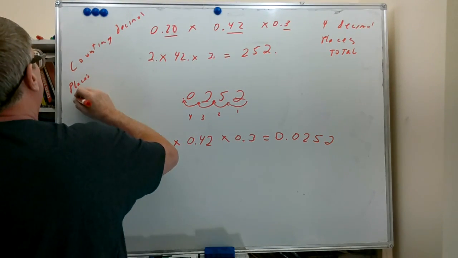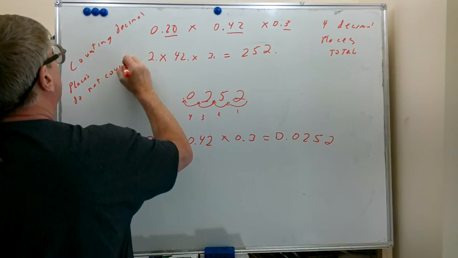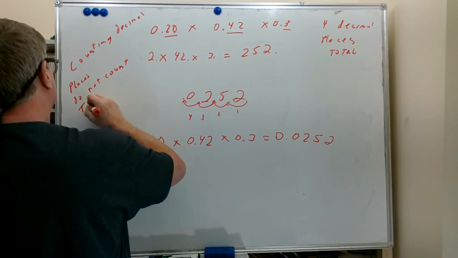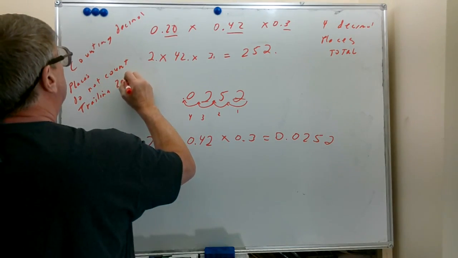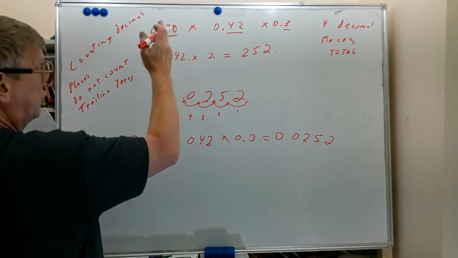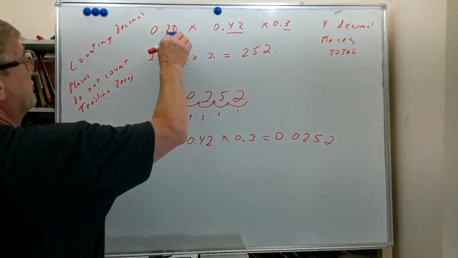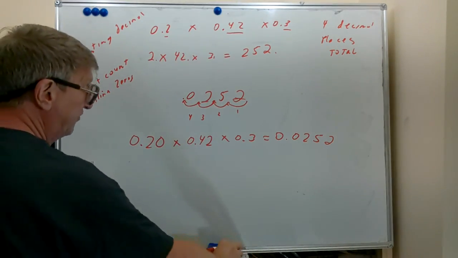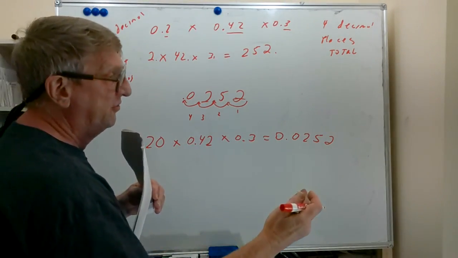Do not count trailing zeros. And that's why I erased this one, so we wouldn't mess up and accidentally count it. That's a trailing 0.